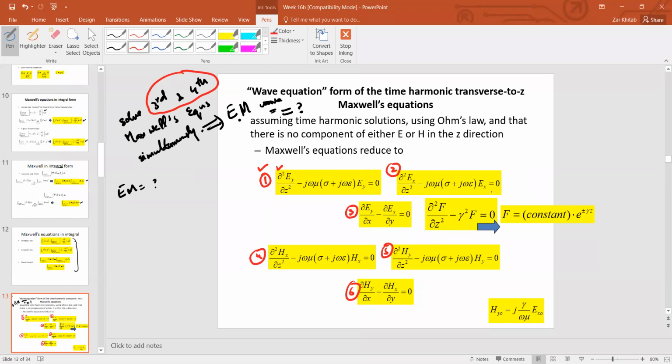This, for example, this is vector Ex, H of X, H of Y, right? They are the fields of the EM wave in different directions.